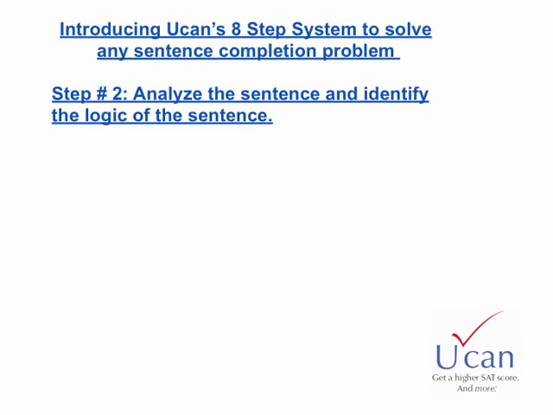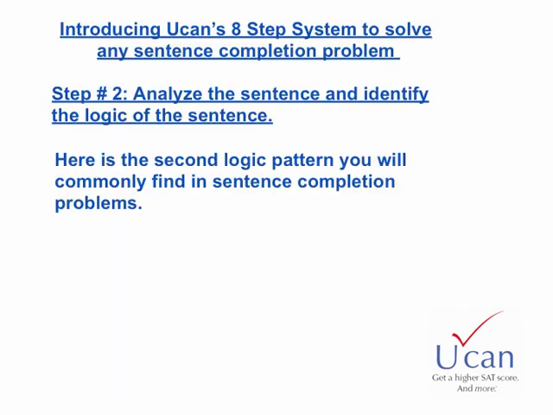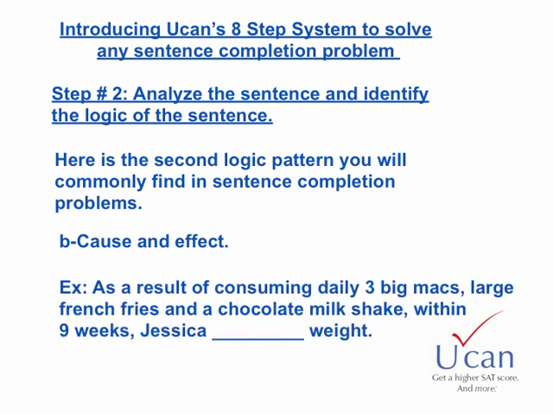Now here's the second pattern. The second pattern you commonly find in sentence completion problems is what we call cause and effect. Here's an example. As a result of consuming daily 3 Big Macs, large French fries, and a chocolate milkshake, within 9 weeks, Jessica blank weight.